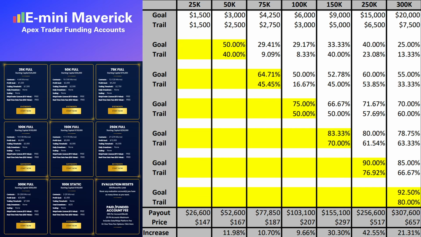All you need to do is make another $3,000, and now you've just created a $3,000 drawdown, compared to a 100K account, which has a $3,000 drawdown where you would need to make $6,000. So you only need to make $4,500 on a 25K account to get the drawdown that you would get on a 100K account. There's absolutely no reason to trade these larger accounts when you have the ability to scale your accounts using micros.